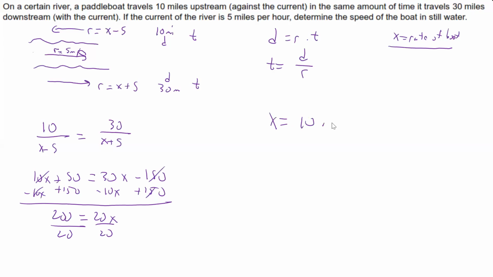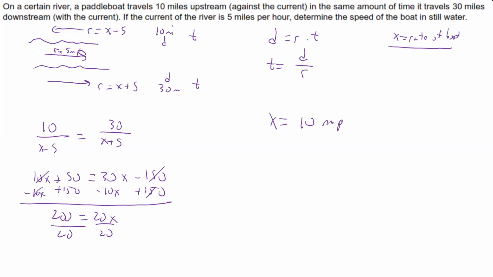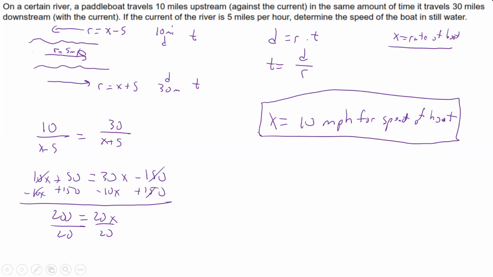That's the speed of the boat, 10 miles per hour. So that's the speed of the boat, and that's our solution here. So that was our answer there. Let's pause there and we'll come back for some more.